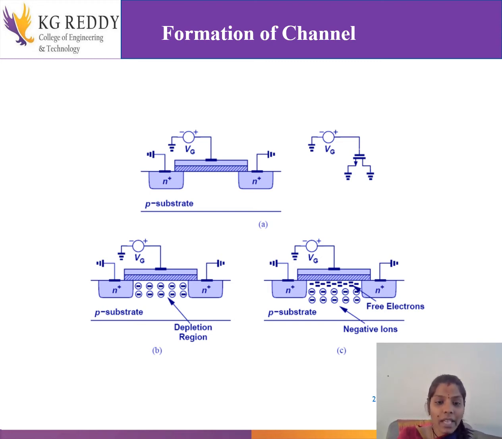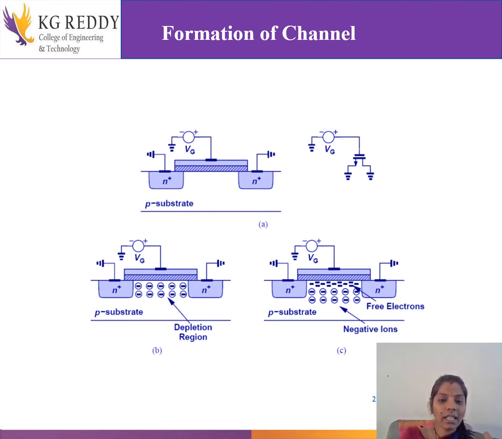In this scenario, we say the device is in the inversion mode of operation. Why is it an inversion mode? Because the symbol placed here is holes, meaning the substrate has now been inverted and is occupied with electrons.